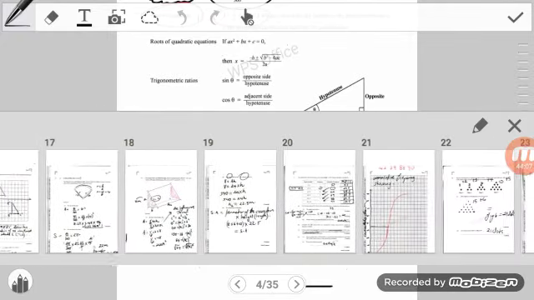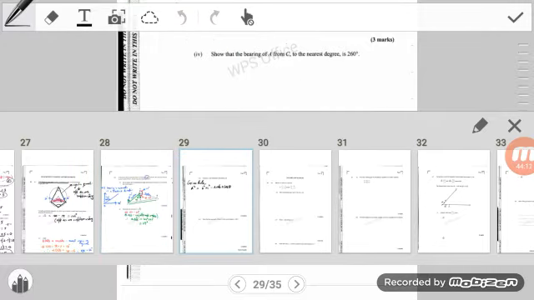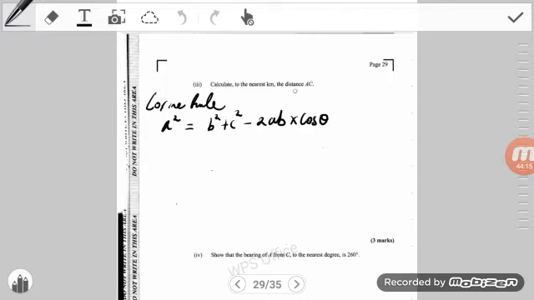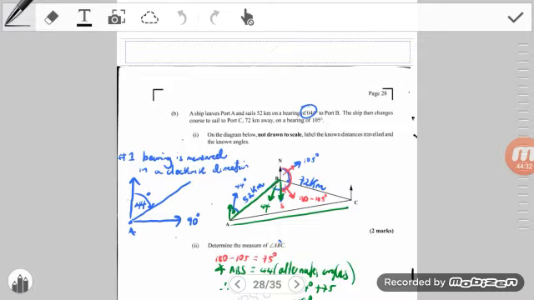So with that said, let's go back to our diagram here. Now that we have it, the unknown side here is going to be AC. So we're going to turn this little a here into AC squared. And that's going to be equal to one of the sides that we know, 52. So that's 52 squared, plus the other side, let me just double check on that, 72. That's correct.